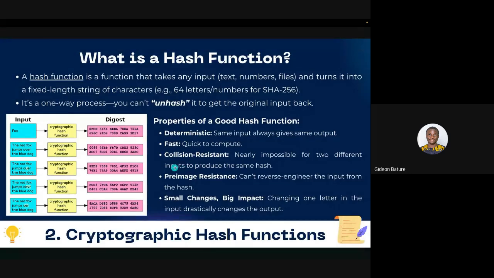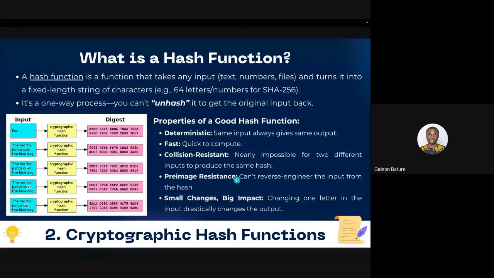Another thing is collision resistant. Now, for those of you that are into programming, probably C or Python, you must have something like hash maps and all of that. All those data structures that have to do with hashing, there's what they call collision. Collision simply means where different inputs will give you the same output.